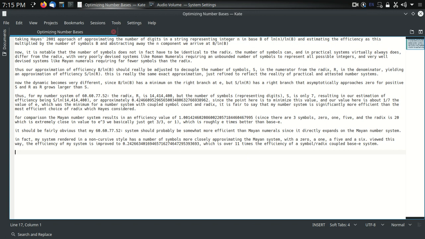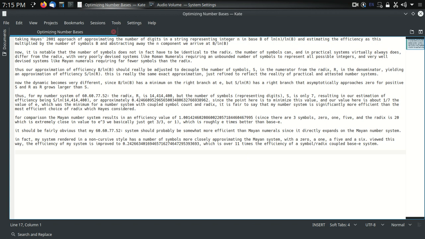Thus, for my number system of 60, 60, 77, 52, the radix r is 14,414,400. That is 60 times 60 times 77 times 52. But the number of symbols which represent digits, there are some other ones that clean it up and make it easier to read, but the ones that represent digits, s, is only 7.